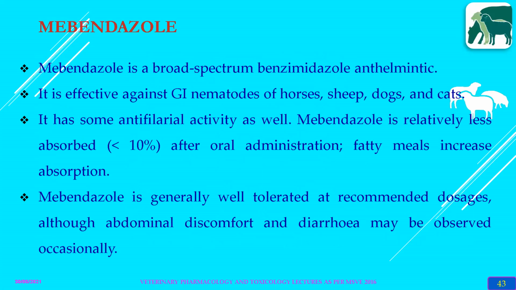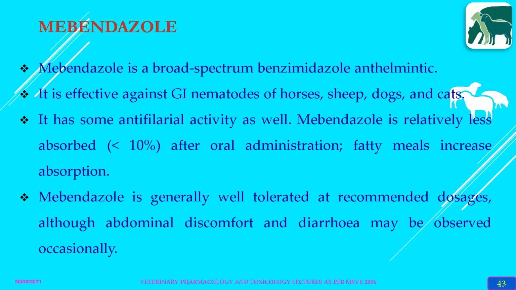Then mebendazole. Mebendazole is very commonly used in humans, especially in kids and children. It is a broad spectrum benzimidazole anthelmintic, effective against GI nematodes of horses, sheep, dogs, and cats, and it has some anti-filarial activity also.